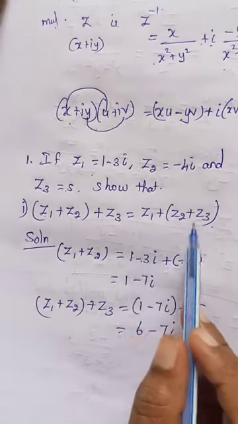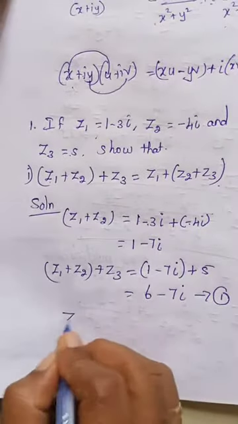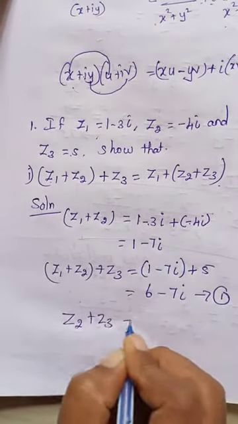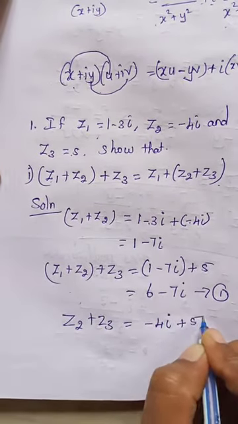Now, to find the right hand side, first Z2 plus Z3. Z2 is given as minus 4i plus Z3 which is 5.